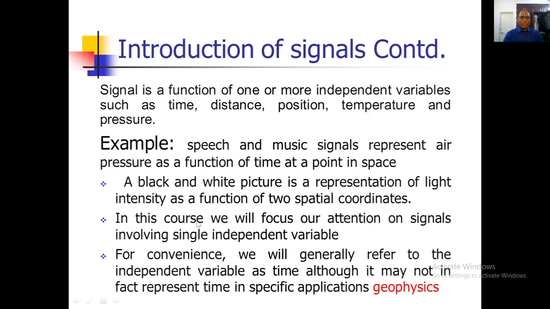In this course, we will focus our attention on signals involving a single independent variable. For convenience, we will generally refer to the independent variable as time, although it may not in fact represent time in specific applications like geophysics.